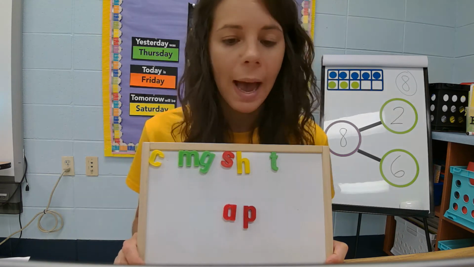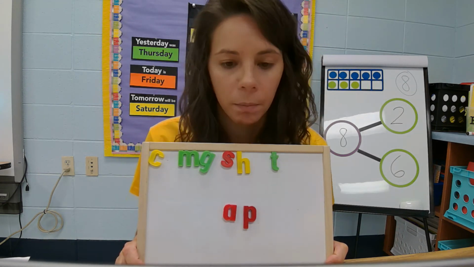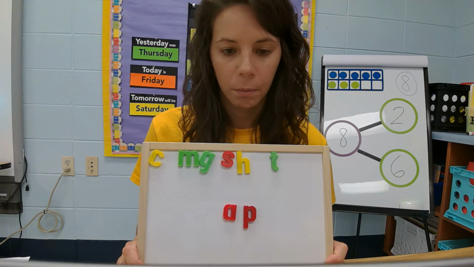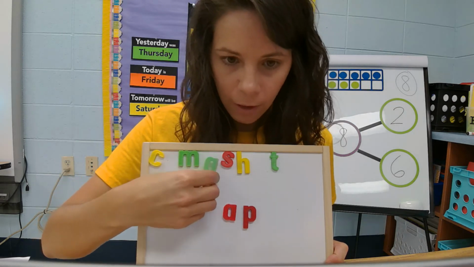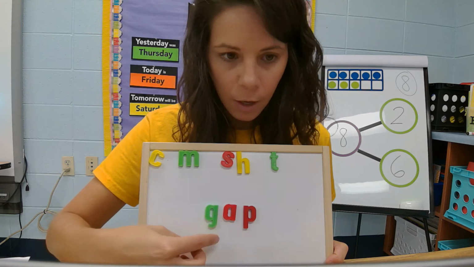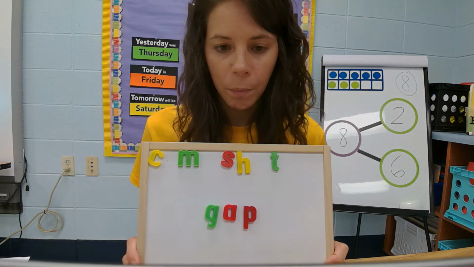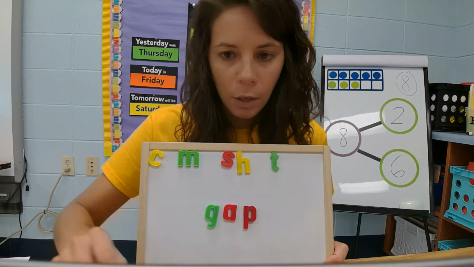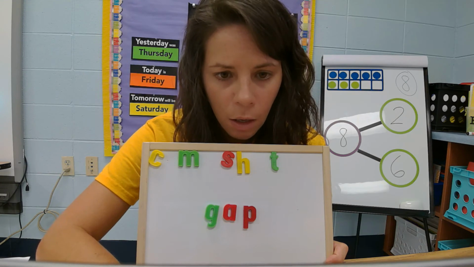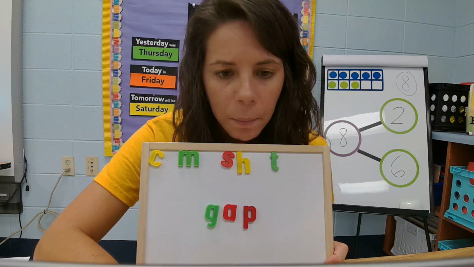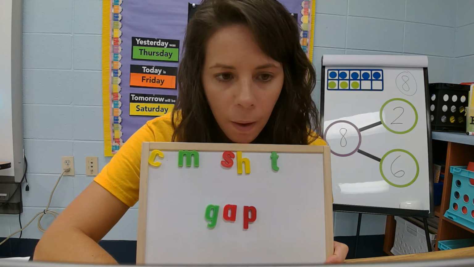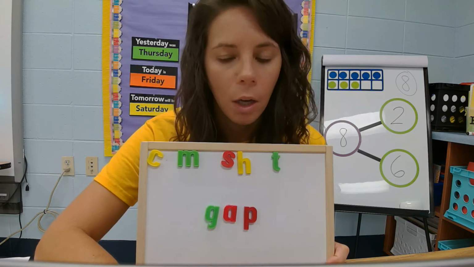Which letter do you have that says G? All right. Hopefully you found that. G. Allison, you have a question? Okay, hang on. Go ahead. You're moving too fast for me. Okay, I'll slow down.